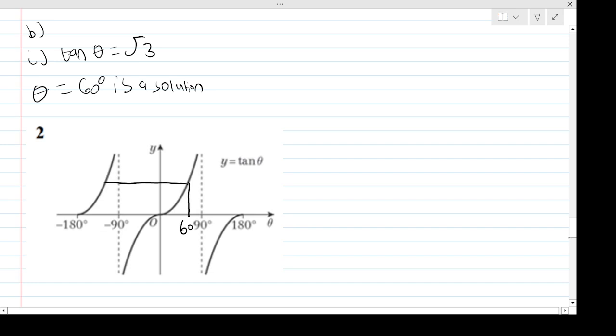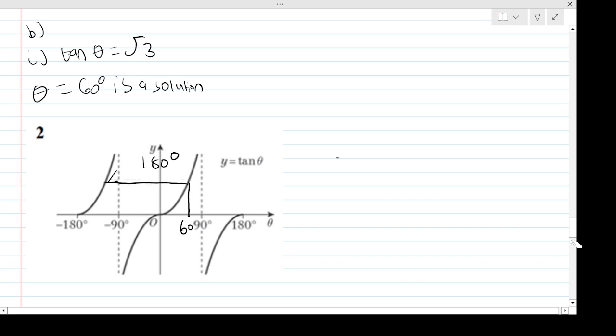So again, we're going to sort of consider the property of the graph. So, well, hopefully you recognise that this has to be 180 away from the first solution 60. So the gap here between this solution and here is 180 degrees. Purely because the graph repeats itself 180 degrees, right?